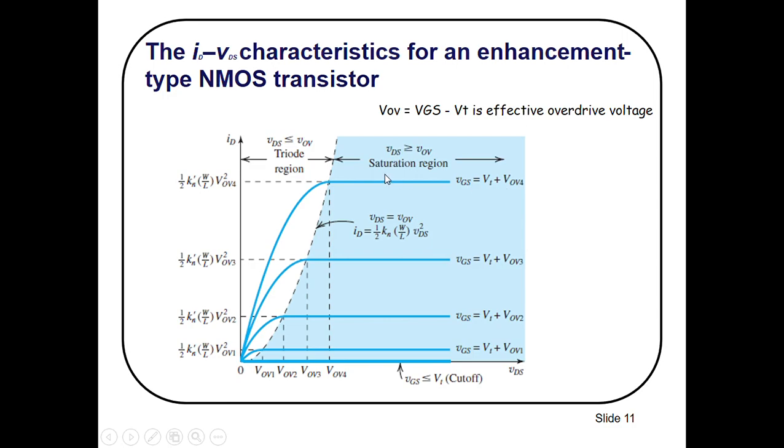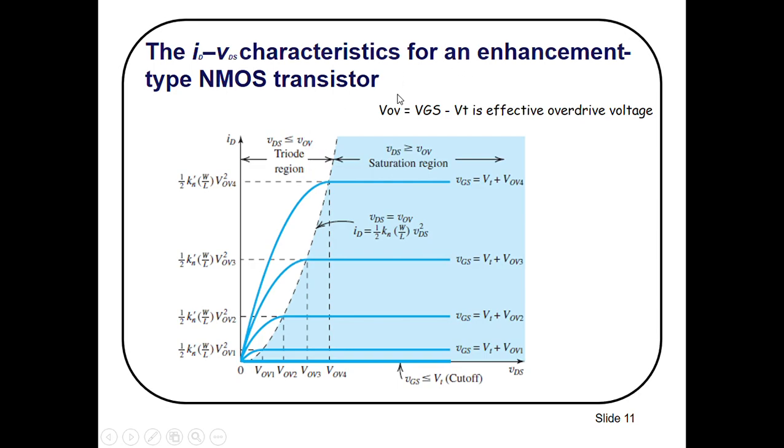These are the IV characteristics of an enhancement type NMOS transistor. Here you can see when your VGS is less than VT, then there is no current, ID is equal to 0. Your device is in cutoff region. Here you can see this is the cutoff region, and this is the linear or triode region. In the linear or triode region, VDS is less than or equal to VOV.